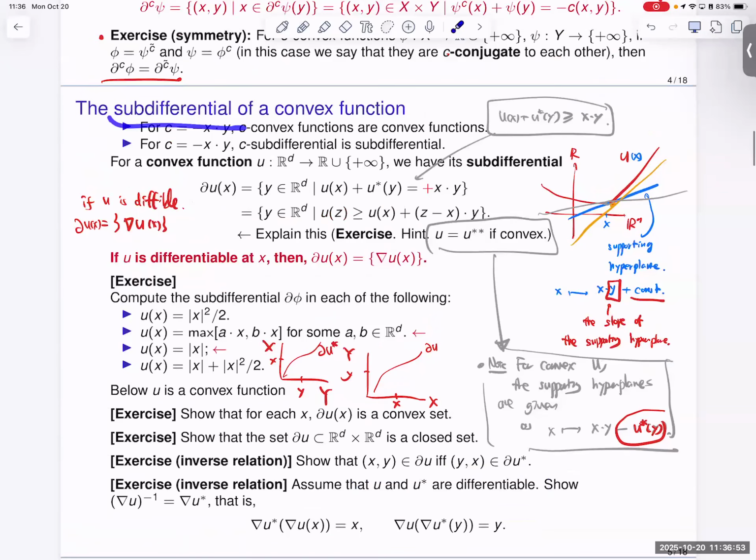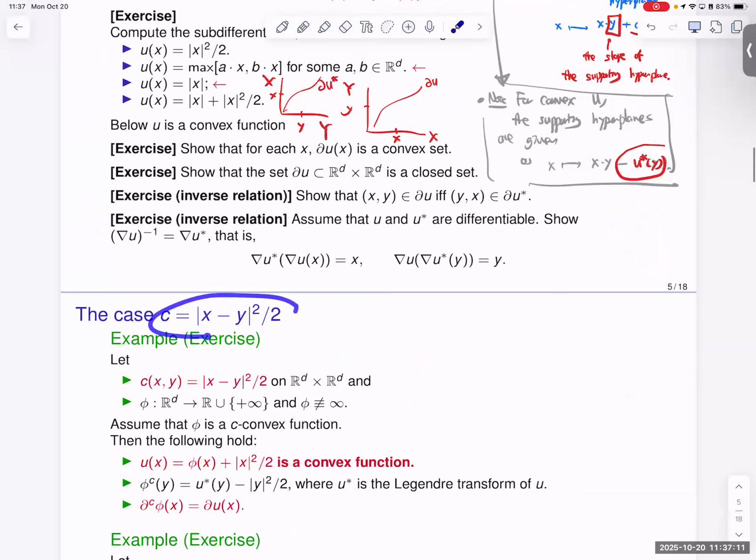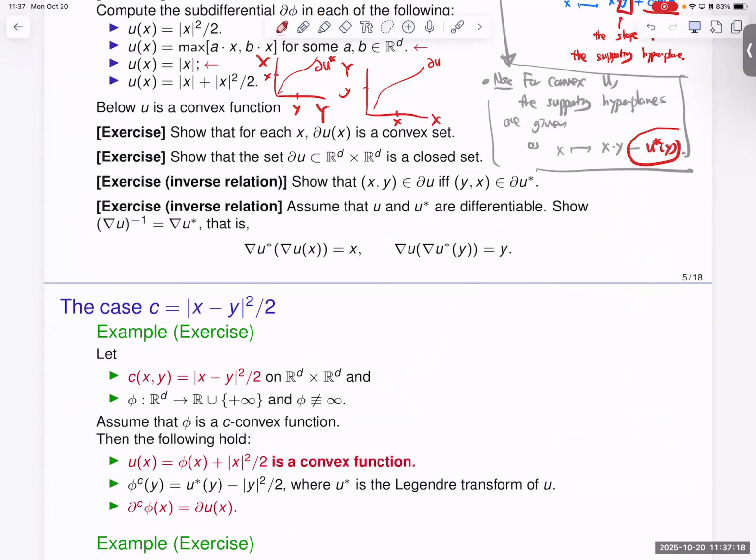So the c-subdifferential is nothing but the usual subdifferential if the cost function is this dot product cost function. In Brenier's theorem, we are considering the squared distance. So what then is the relation between the c-subdifferential of the squared distance cost function and the usual subdifferential?